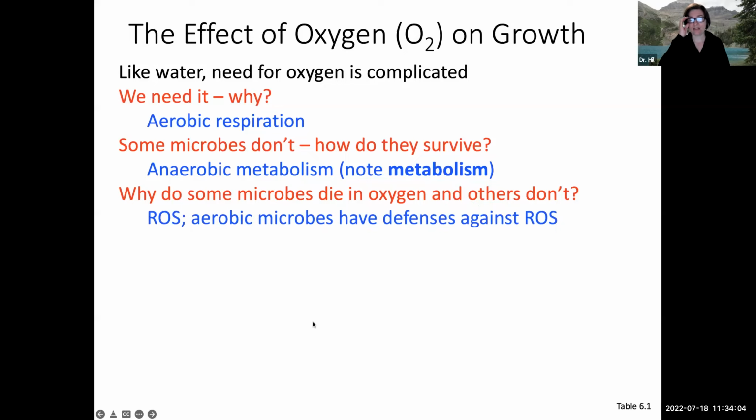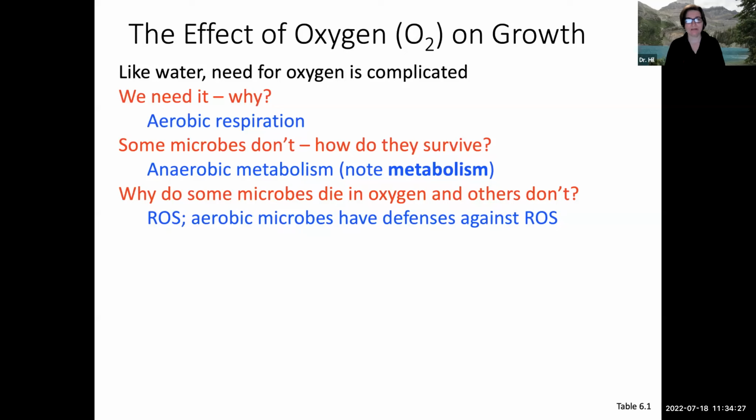Why is it poisonous? Mainly because oxygen is highly electronegative, it has a tendency to steal electrons and become slightly negatively charged. And that molecule, oxygen that's not neutral but slightly negatively charged, is very reactive.